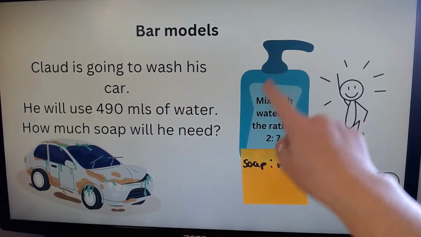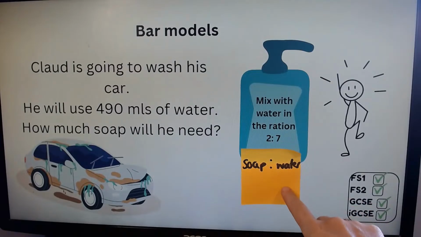Mix with water in the ratio 2:7 soap to water. I'm going to have to stop holding that now so I can clean a whiteboard off.